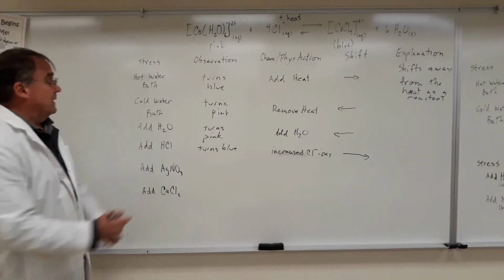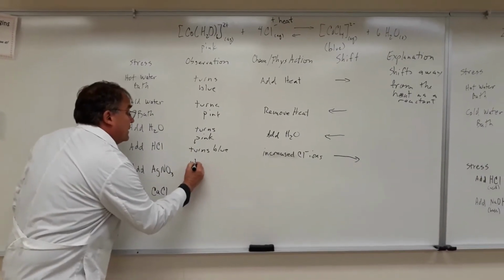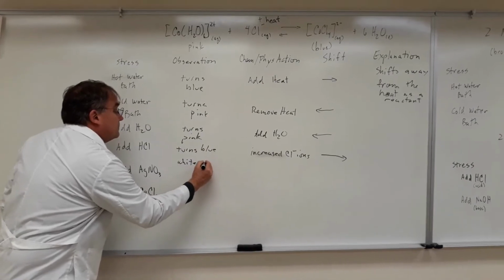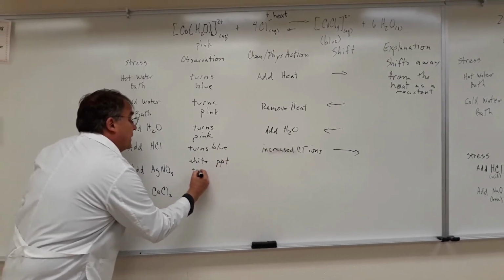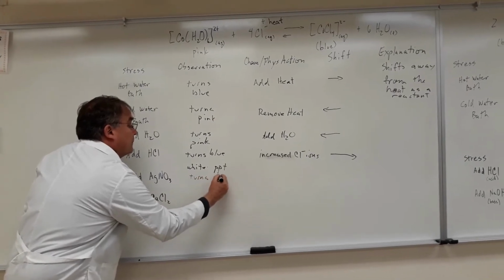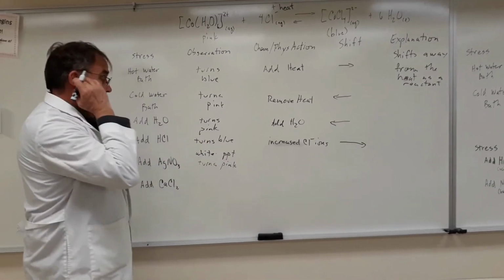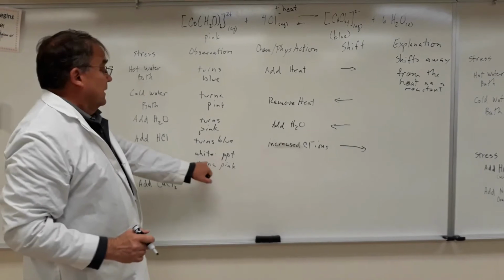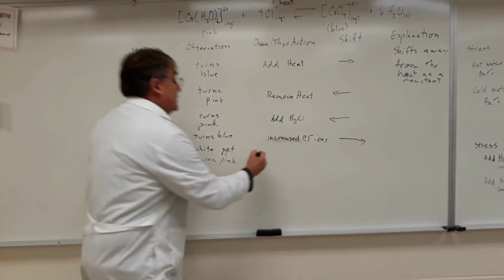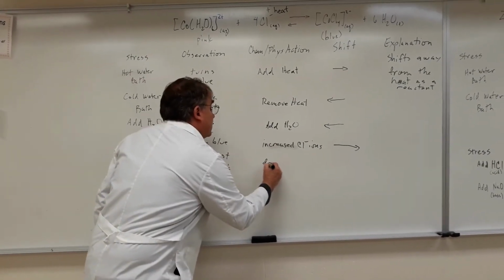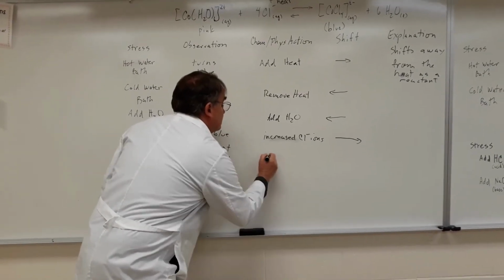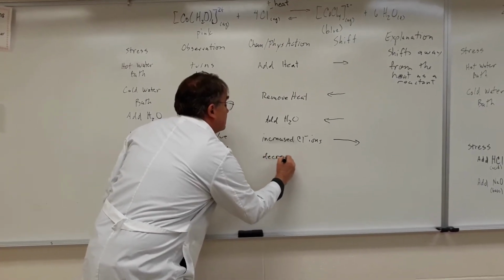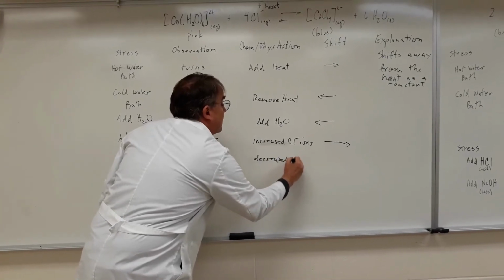Okay, so two things happen. A white precipitate and turns pink. The white precipitate was silver chloride, which decreased the chloride ions.